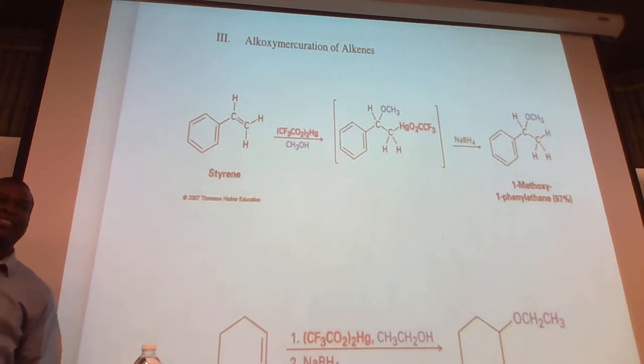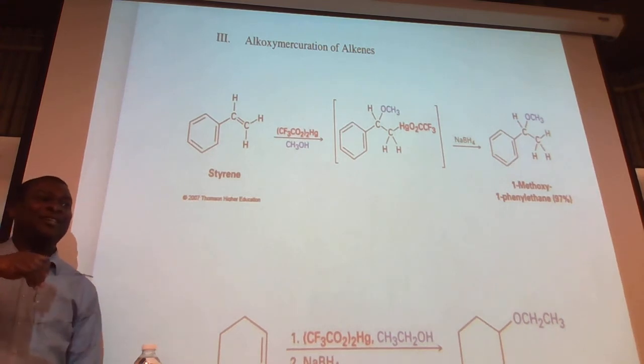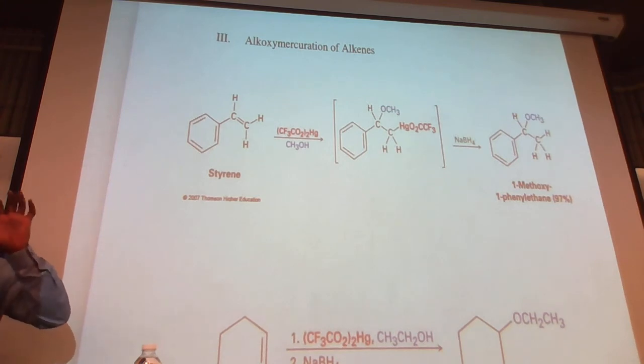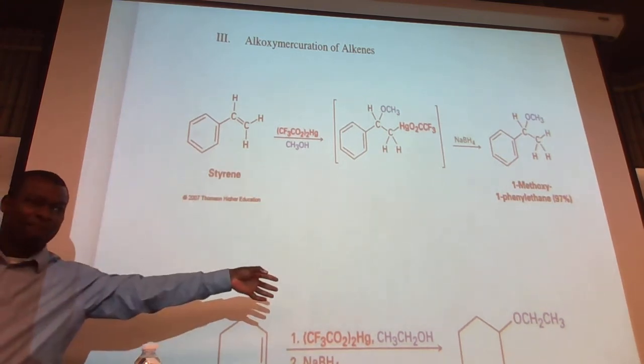Oxymercuration, right? Oxy, because you used water. If you remember oxymercuration of alkenes to give you alcohol, you use mercury acetate as the catalyst in the presence of H2O mixed with THF. Remember that? Okay, so that H2O is what made you get the alcohol.